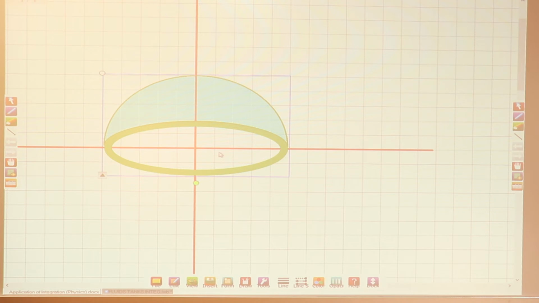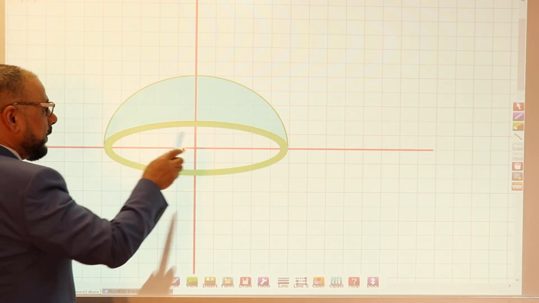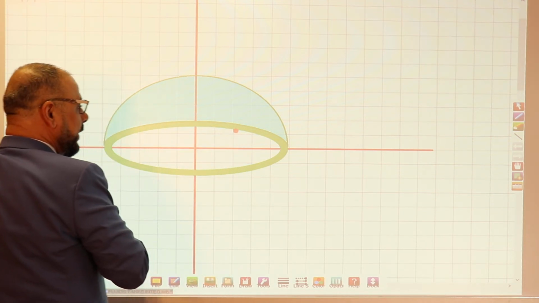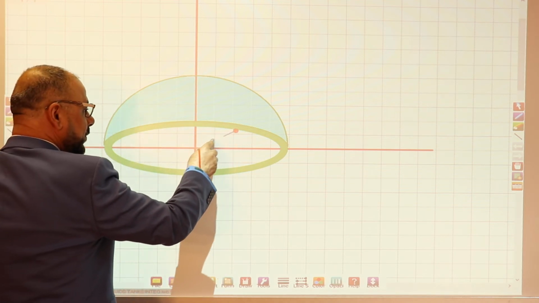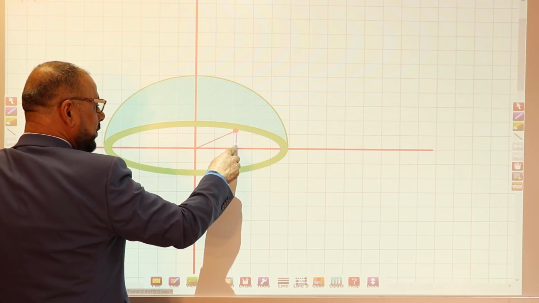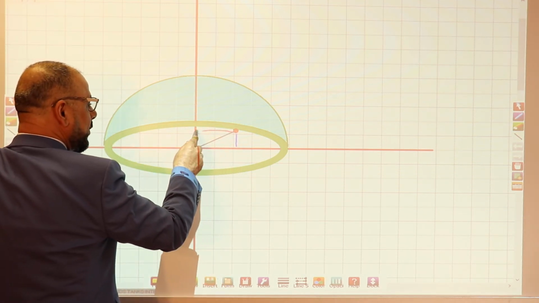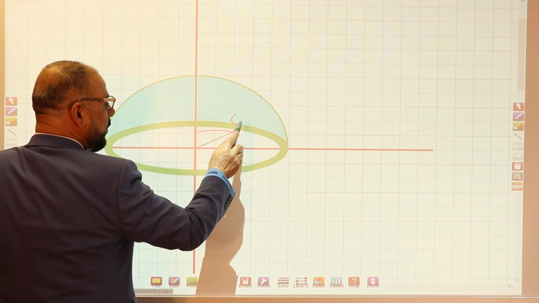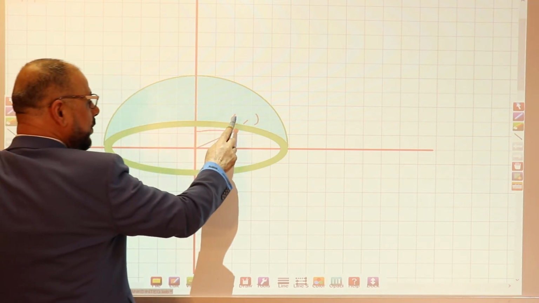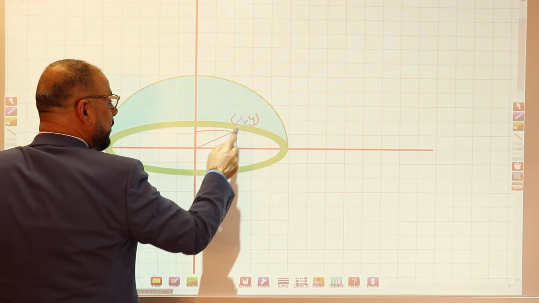What I meant is, if you take any point, I give you the equation. Now I want to take a point here, right? This gives you the radius, and this gives you the y and the x. This point has y and x, and this is always 4.